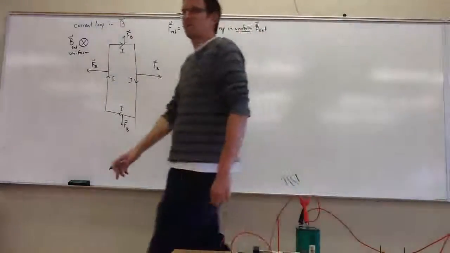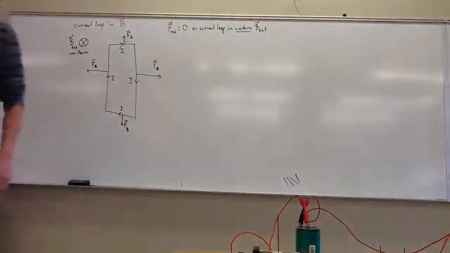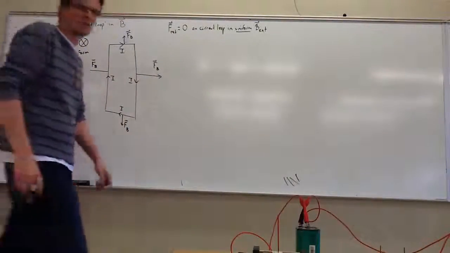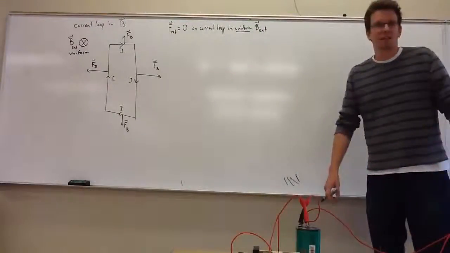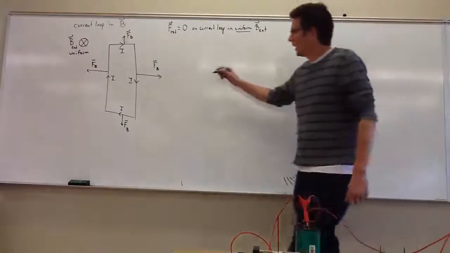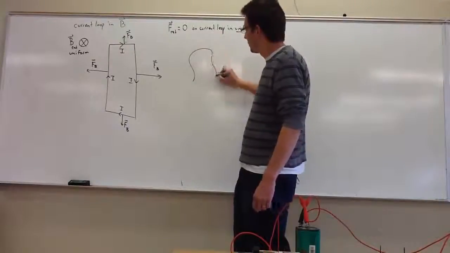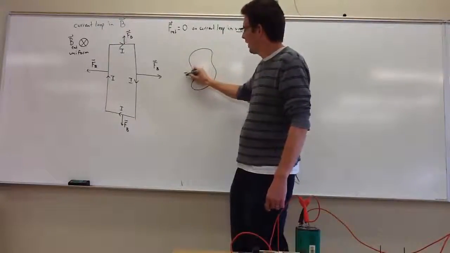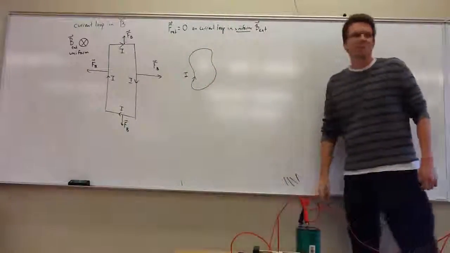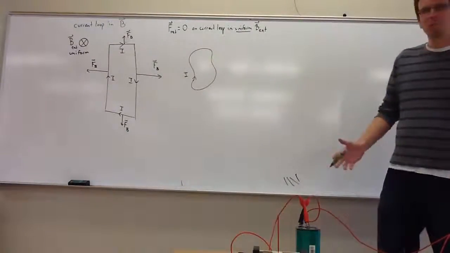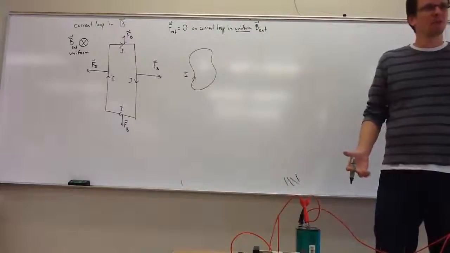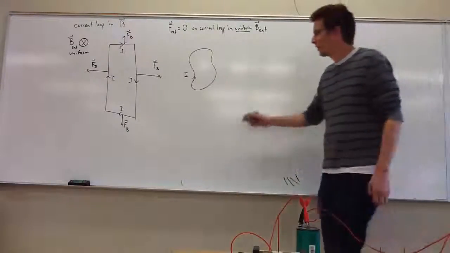Now, I certainly have not proven this for any general shape of current loop, but I'll tell you that the result is the same. It turns out that no matter what kind of crazy shape the current loop might have, as long as it's in a uniform field, you can basically always take whatever loop you have and break it up into a series of opposing sides.